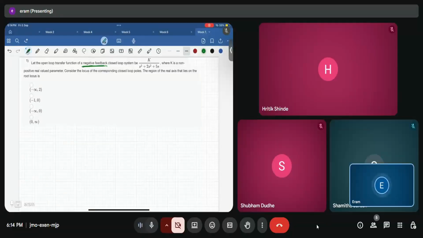But now the catch is here, k is not positive but it is non-positive, so k is less than or equal to 0. Okay, consider the locus of the corresponding closed loop poles and identify the region of the real axis that lies on the root locus. Which region of the real axis will lie on the root locus? Okay, please try it.